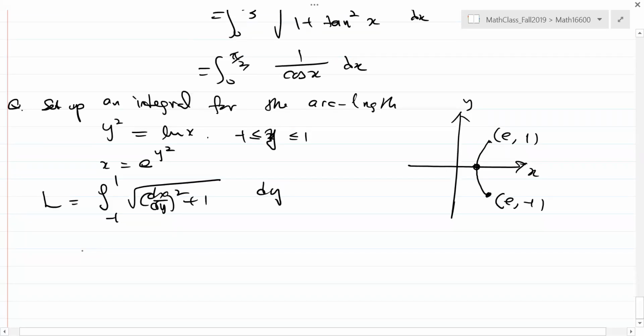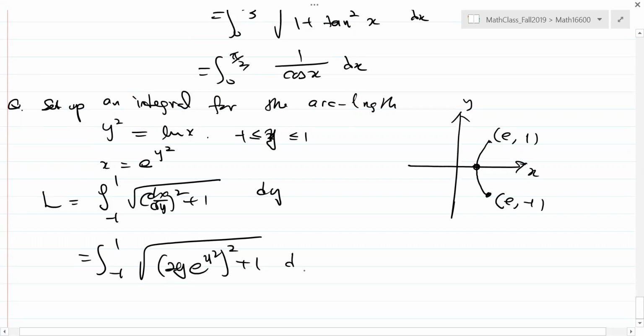How do I differentiate? Differentiate x with respect to y, it's going to be 2y e to the y squared, and square plus 1 dy. Okay, it's a complicated function we are not able to evaluate. It's not easy to evaluate this integral.